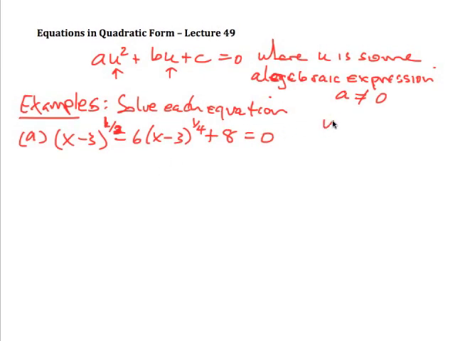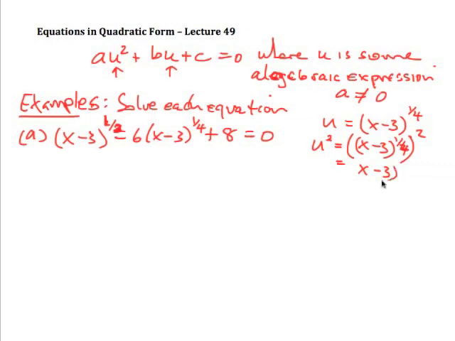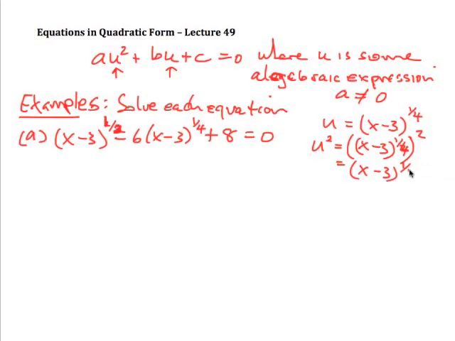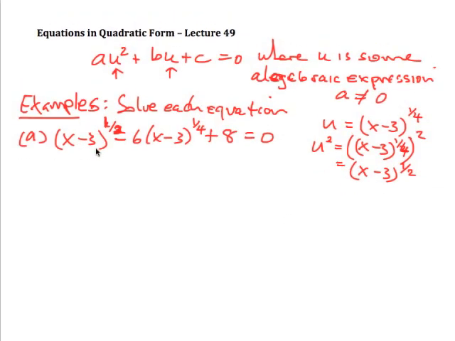However, if I was to take u is equal to x minus 3 to the quarter, what would u squared be? Well, it would be x minus 3 to the quarter, squared, which of course would be a quarter times 2 is a half, so it would be x minus 3 to the half, which is exactly this term here.